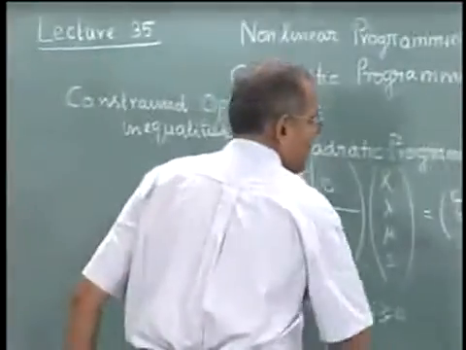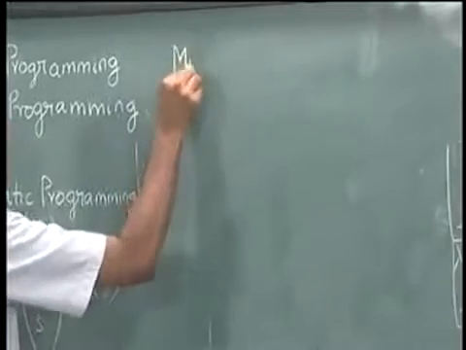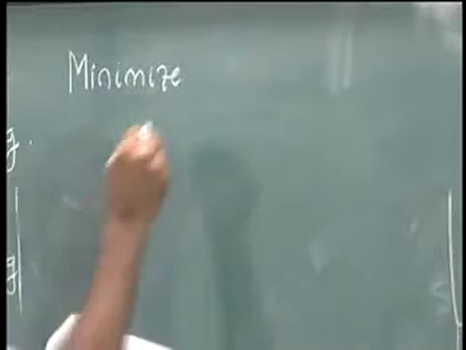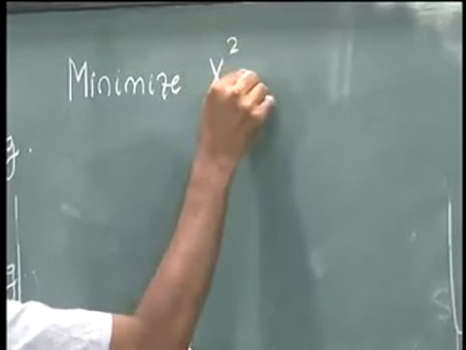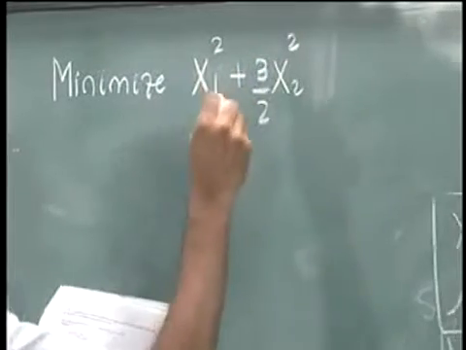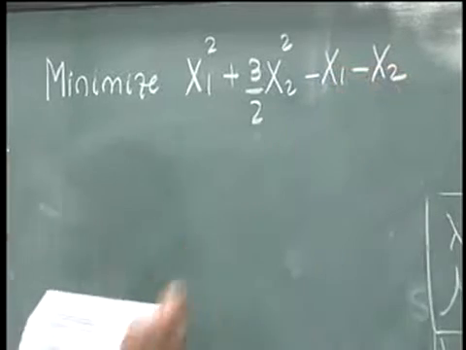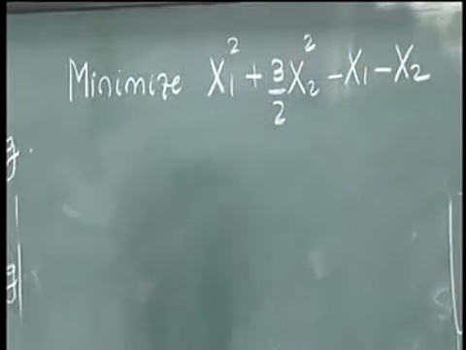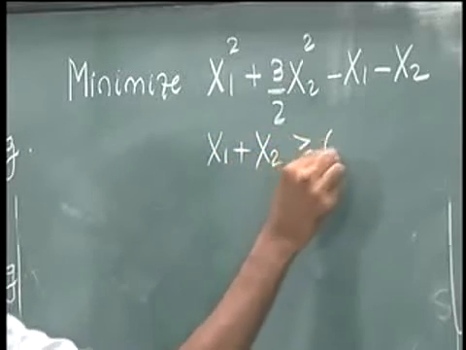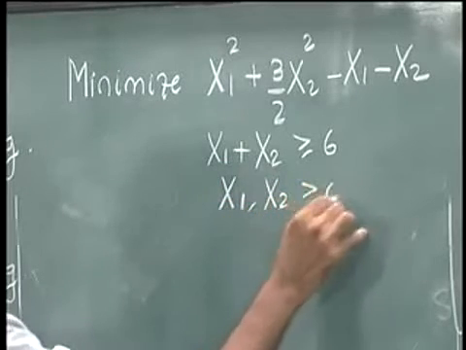So the numerical example that we would have is this: minimize x1 square plus 3 by 2 x2 square minus x1 minus x2, subject to the condition x1 plus x2 greater than or equal to 6 and x1, x2 greater than or equal to 0.